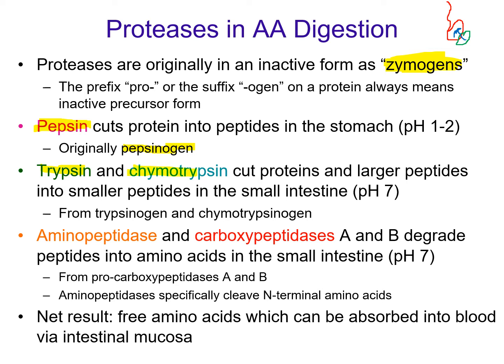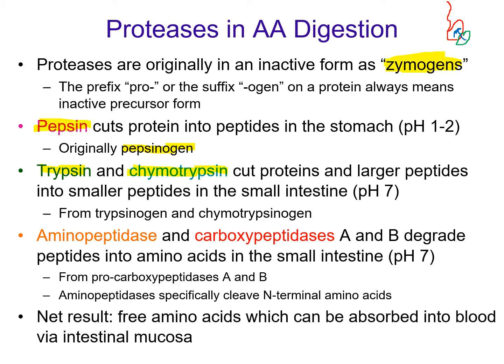You don't necessarily need to know the names of these different proteases, but it's good for your repertoire of knowledge to be familiar with the fact that we have very well-studied proteases that get activated, go into their active forms, and cut our proteins into peptides. Then more proteases come and cut our proteins more specifically into smaller and smaller peptides.